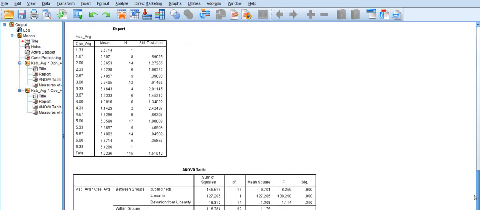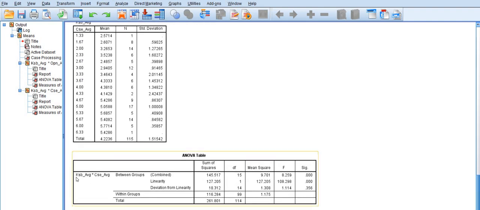Now you will check the second pair of variables, knowledge sharing behavior and creative self-efficacy. See here the combined sum of squares, degrees of freedom, mean square, F ratio, and significance. It's significant at 0.000. So the linearity component is significant at 0.000, and the deviation from linearity component, or non-linear component, is insignificant at 0.356.